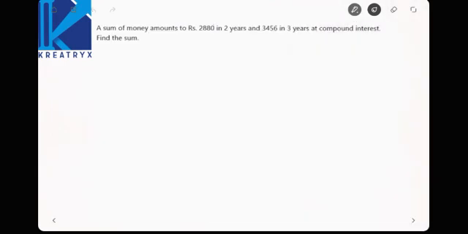Now a sum of money amounts to rupees 2,880 in 2 years and 3,456 in 3 years at compound interest rate. Find the sum. Now see here, for 2 years the amount becomes 2880 it seems, and for 3 years the amount becomes 3456 it seems.